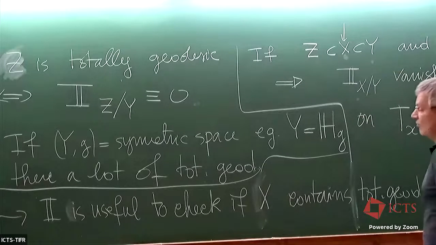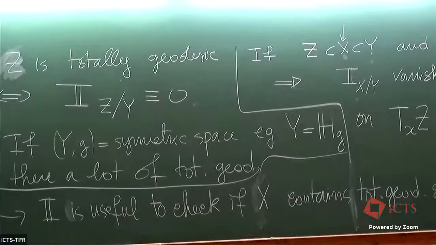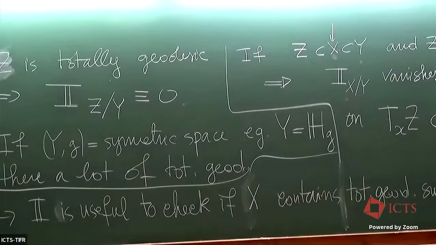And if we go back again to the familiar picture of surfaces in R3, this says that we can use the second fundamental form to check if a surface contains a line, for example, or if we go in higher dimension, if we have a submanifold of Rn, if it contains a plane, let's say, then the second fundamental form of the submanifold should vanish along the directions of this plane.